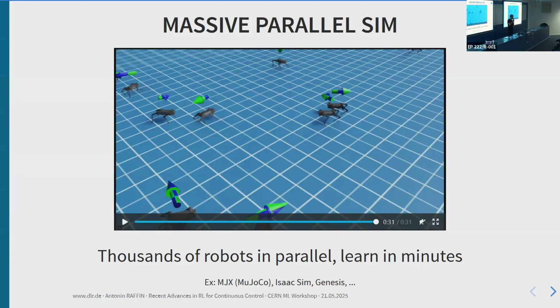Or you can even use what's called residual reinforcement learning: you have a base policy that already does most of the work, and then you learn a delta on top of it. So those are three ways of not starting from scratch and improving the result, and especially improving safety in my case.